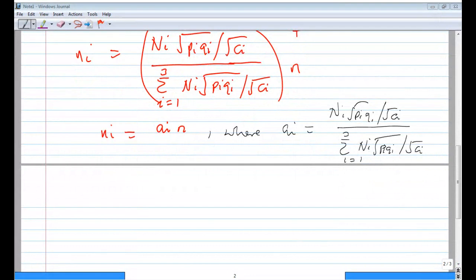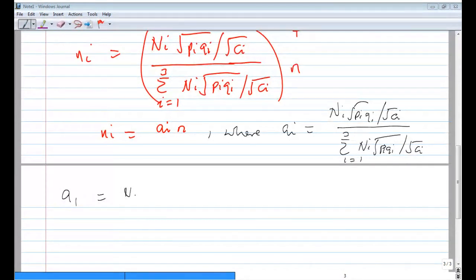You are supposed to find A1, which is equal to N1 times the square root of P1 Q1, all divided by the square root of C1, isn't it?